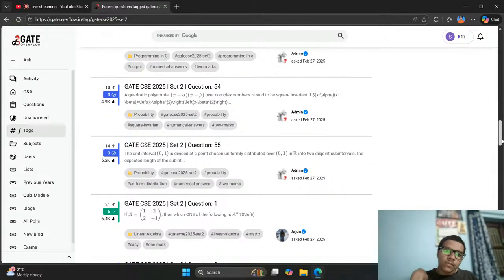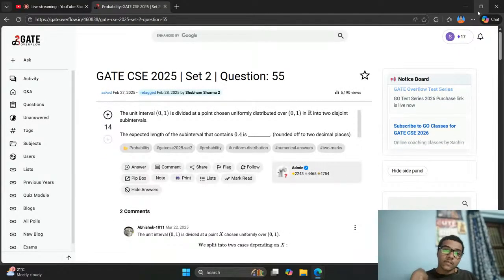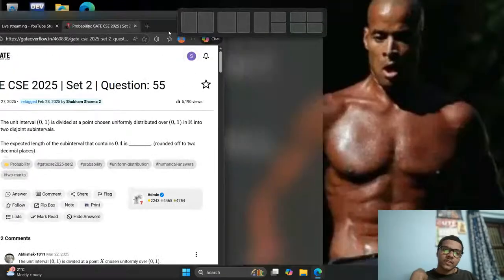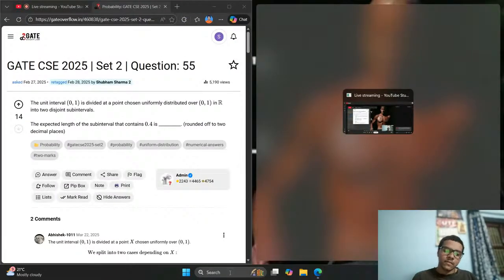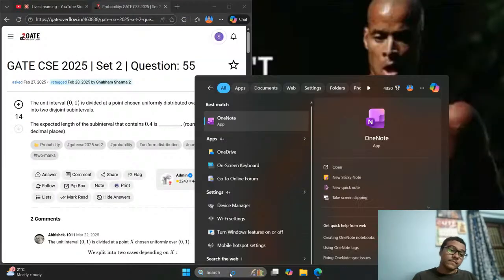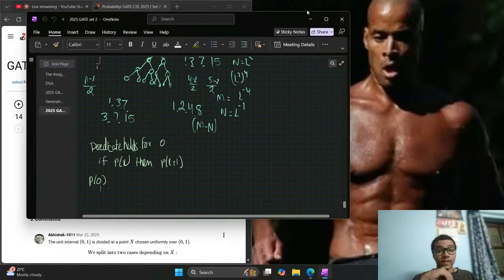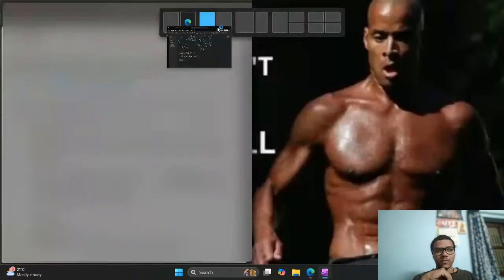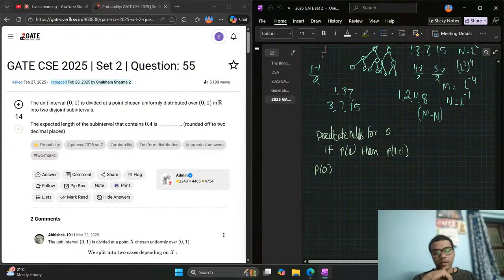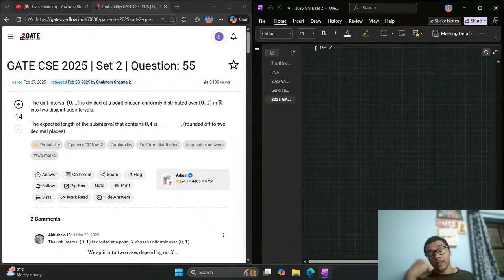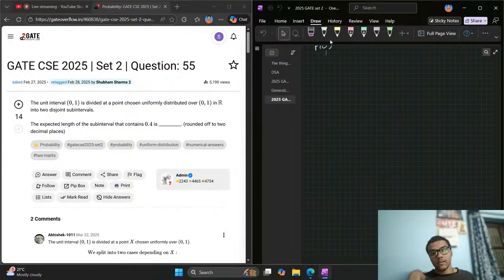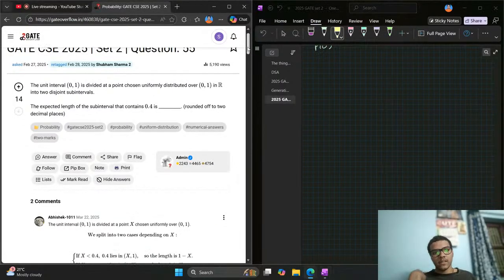Right. So we were doing this one. Some questions regarding the expected length. I don't know the formula related to expected length.